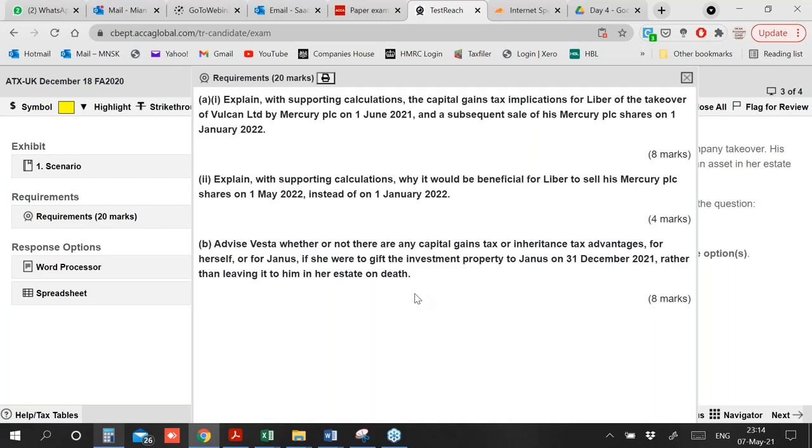So if she gives the house or the investment property to Janus in her lifetime, it will be recorded as a PET in IHT. And in CGT I have told you the implications. So guys, if you have received a PET as a donee from someone and that person dies within 3 years, you, being a donee, now have to pay the IHT on that.